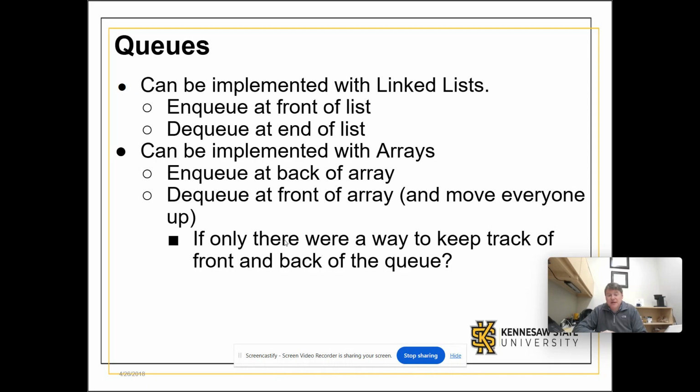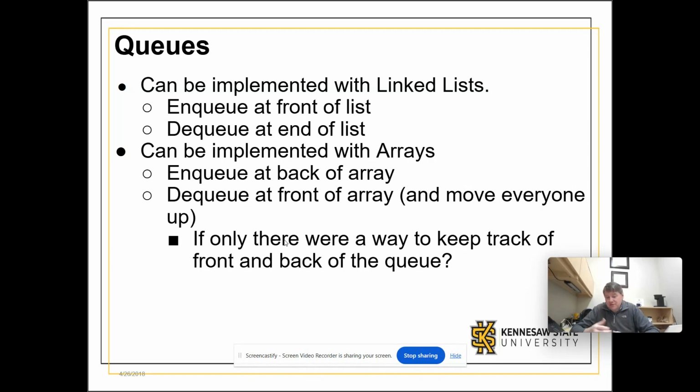If you do the reverse, then when you're enqueuing, you've got to move everything down before you can enqueue, and then you can dequeue at the back, which is order 1. So in the case of implementing it with an array, it's going to be order 1 in one direction, and order n in the other direction. What I mean by that is if you do it at the back of the array, enqueuing is order 1, but dequeuing is order n.